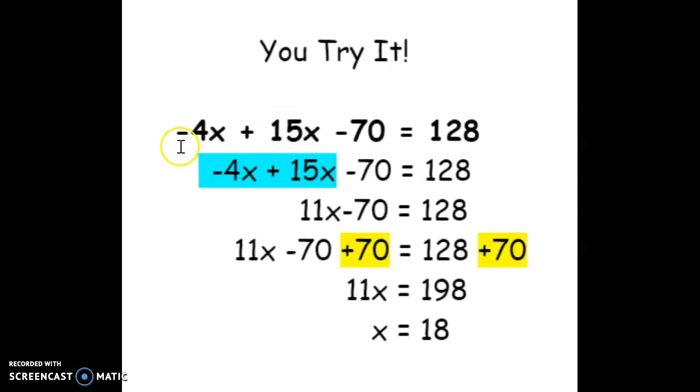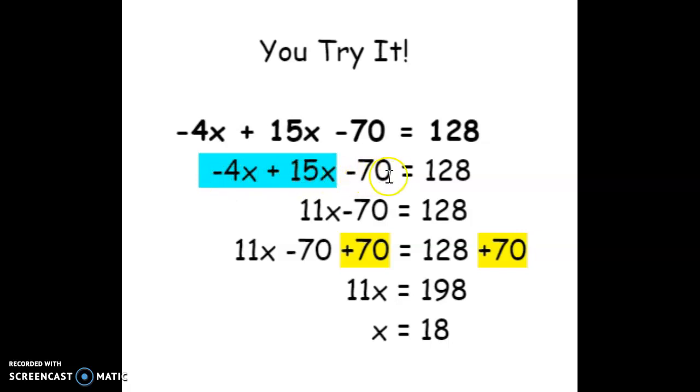All right, let's see what we got. Our negative 4x plus 15x minus 70 equals 128. We noticed as we looked at that equation that our negative 4x and our positive 15x were like terms. We right away knew that we had to combine those terms.